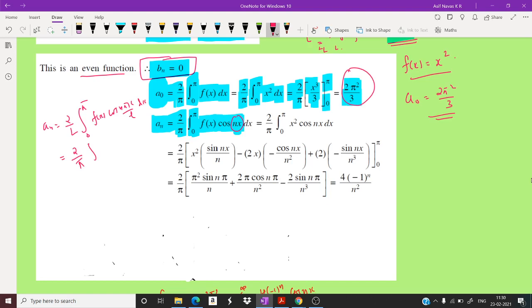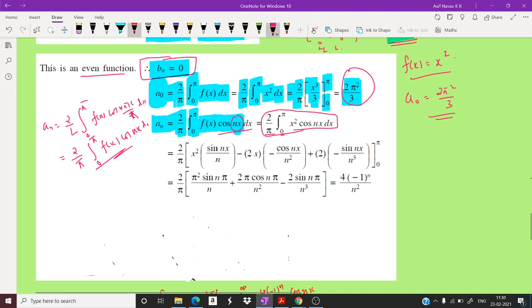We have L equal to pi, so an is 2 by pi integral 0 to pi f of x cos n pi x by pi, so you will get cos nx. That is 2 by pi integral 0 to pi x square cos nx dx.